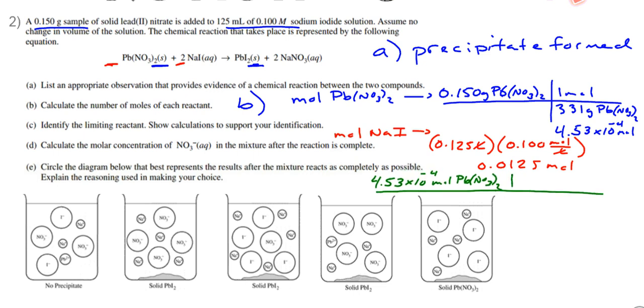And now I'm saying for every one of these, I have two of my NaI, if it reacts perfectly.